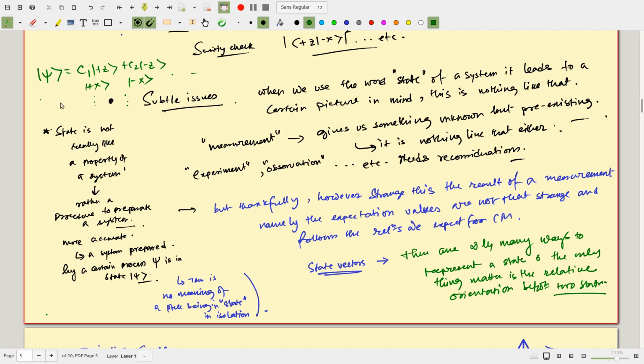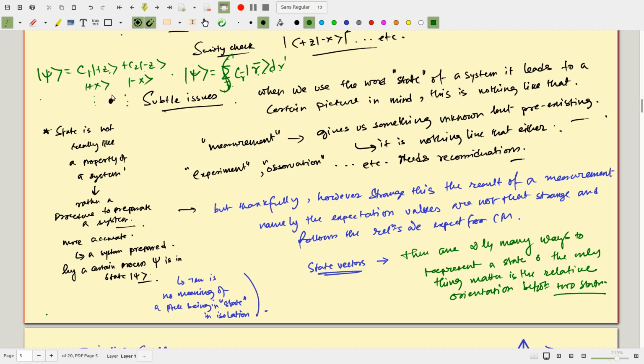If you are trying to measure position, then this psi is basically the sum of C r times r over positions r, infinitely many, so it is actually an integral that you write. But if you are measuring spin, then you write it as these states.